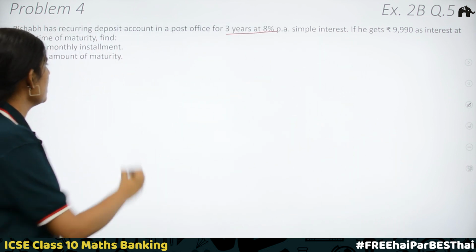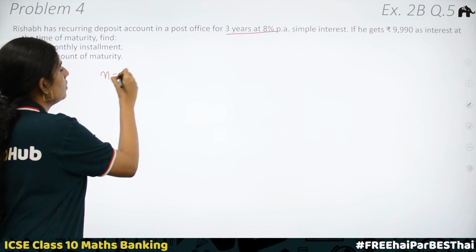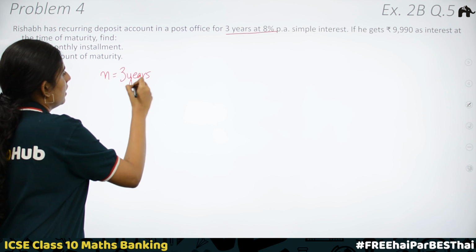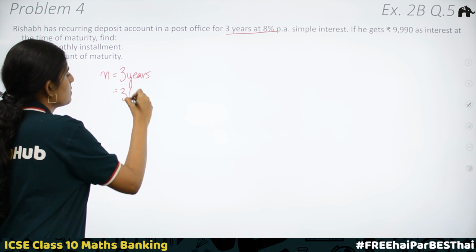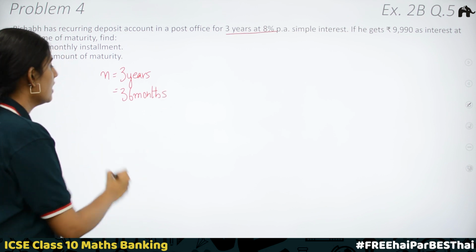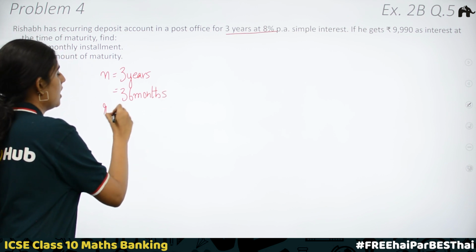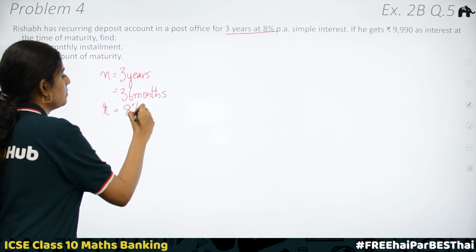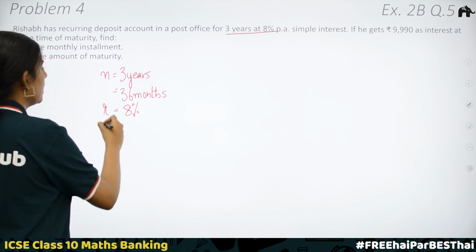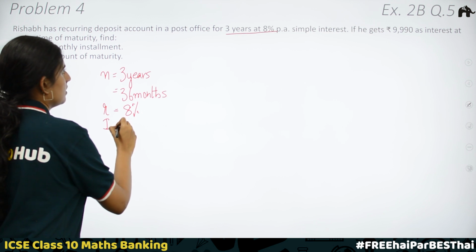Given quantities are n is equal to 3 years, equal to 36 months. Then rate of interest is given, R is equal to 8%. Interest is given.